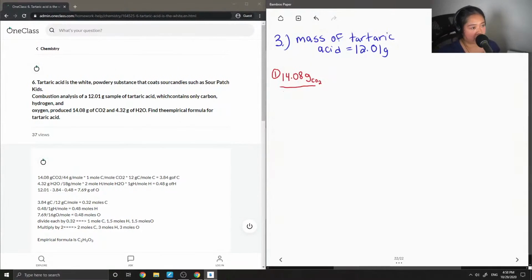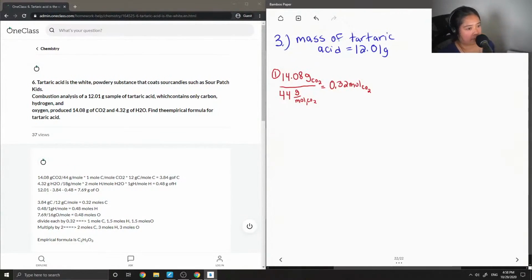The molar mass of CO2 is 44 grams per mole. So we then get 0.32 moles of CO2.